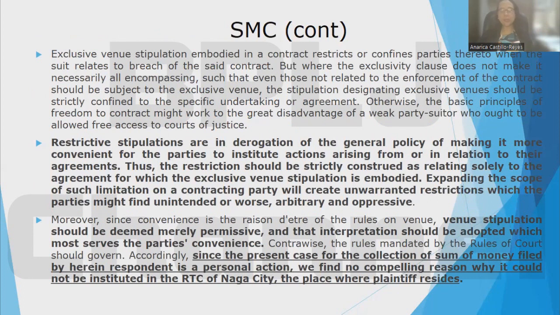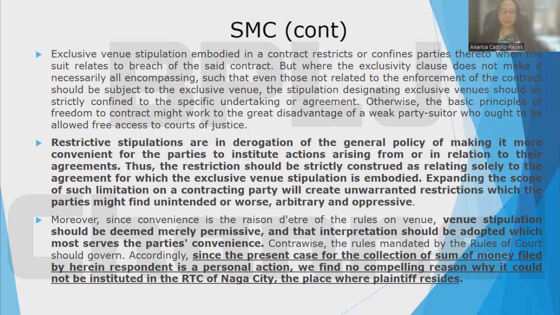Restrictive stipulations are in derogation of the general policy of making it more convenient for the parties to file actions. Thus, the restriction should be strictly construed as relating solely to the agreement for which the exclusive venue stipulation is embodied. Expanding the scope of such limitation will create unwarranted restrictions which the parties might find unintended, arbitrary, or oppressive.